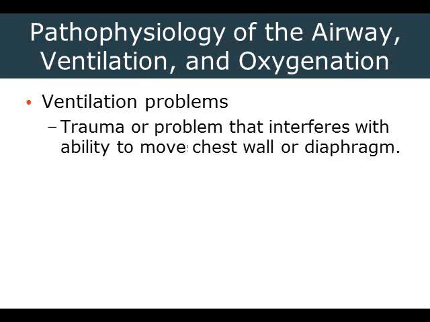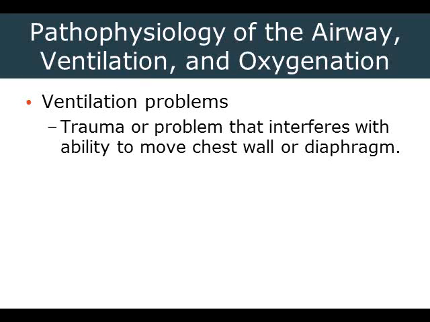Ventilatory problems: trauma or a problem that interferes with the ability for the chest wall or diaphragm to move. If we have a spinal injury way up high that affects the phrenic nerve, it may knock out our diaphragm. The diaphragm won't be able to move on its own. Maybe we have a bunch of broken ribs, a flail segment, where you have a whole bunch of broken ribs right in a row. That affects the ability for the chest to rise and expand, rise and expand.